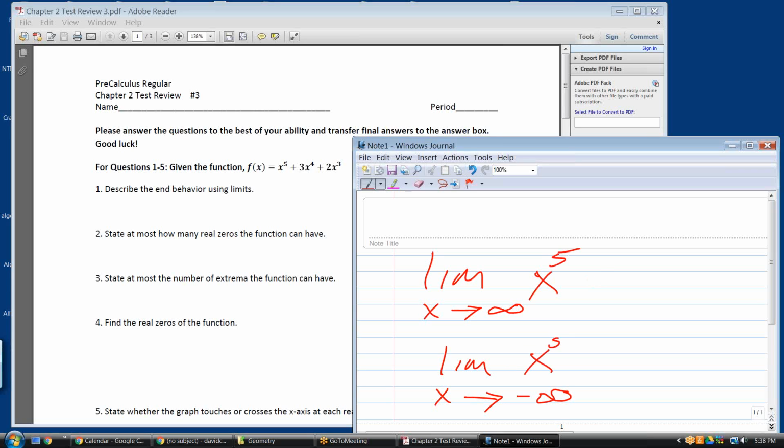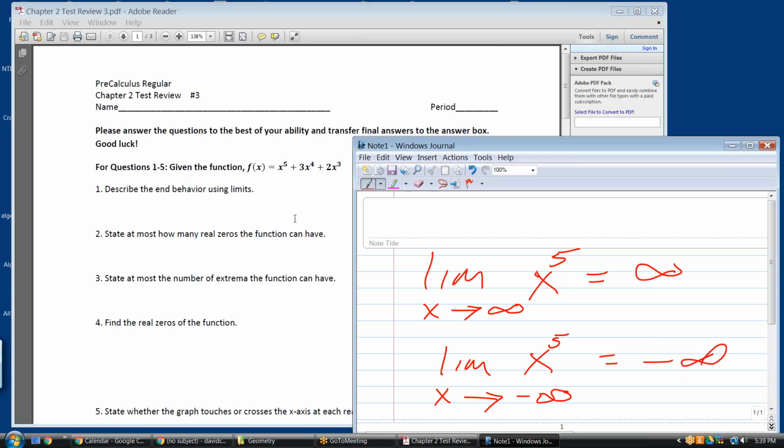And what happens to x to the fifth as x goes to positive infinity? It's positive infinity. What happens to x to the fifth as x goes to negative infinity? Negative infinity. Correct. How many real zeros can this function have? 5.